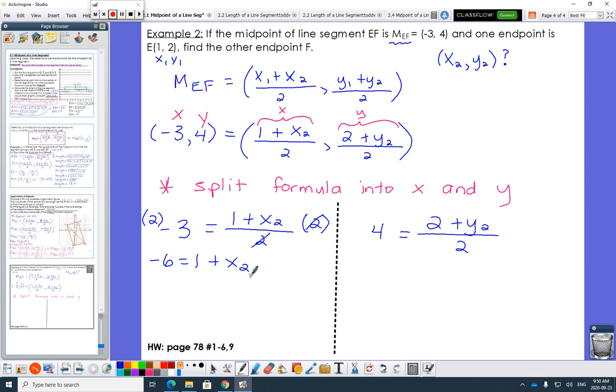The x is on the left or on the right, that's no big deal. If you start moving things around, you just have to be careful of the signs, okay? So I'm just going to move the 1. If it's positive here, when I move it, it's going to be negative or subtract. Since it is midpoint, mid is middle, right? The middle is divide by 2. It is always going to be a fraction over 2.